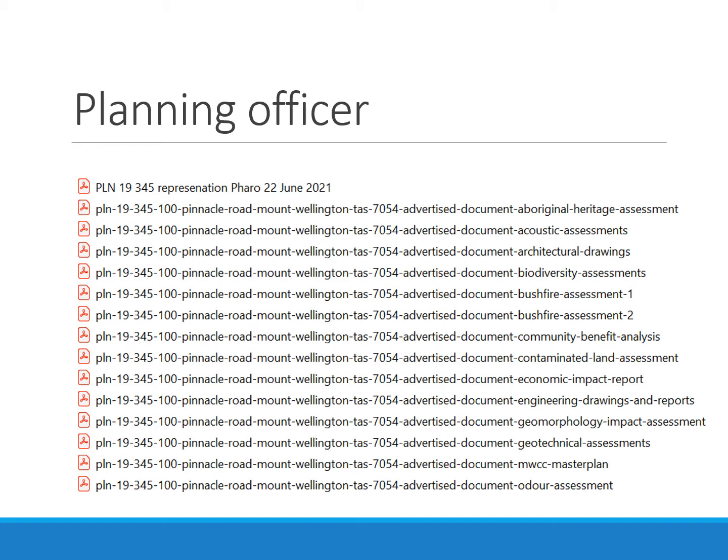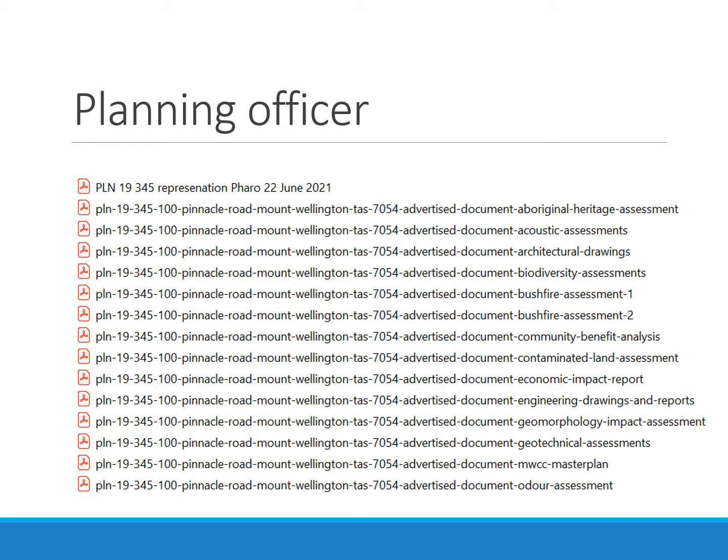So this is a screenshot of the very many documents that were submitted as part of the Mount Wellington Cableway proposal, and my representation at the top of this list of files. So this was pretty over the top. You can see here it was a large and controversial development, and so a lot of different aspects of potential environmental impact were assessed.